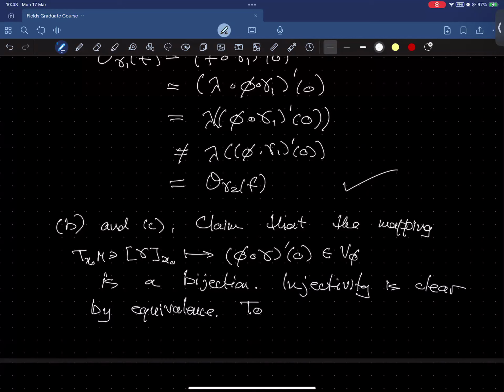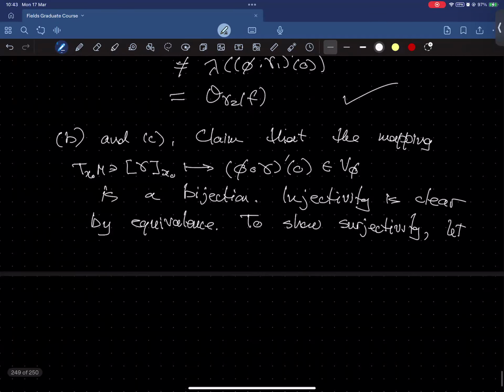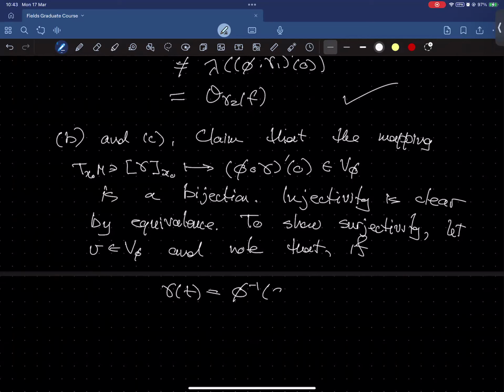Okay, so to show surjectivity, let V be in V phi and note that gamma of t is phi inverse of phi of x naught plus tV.